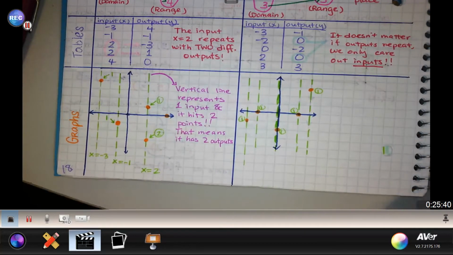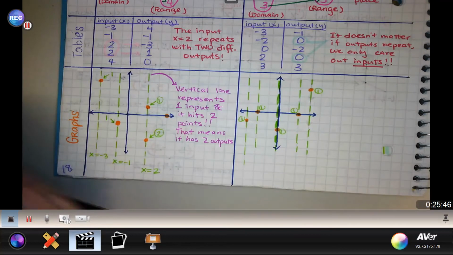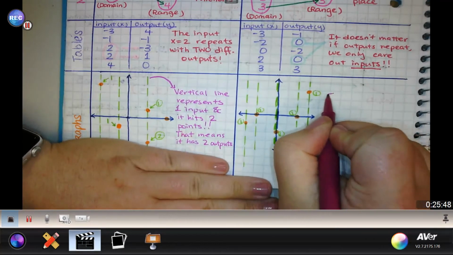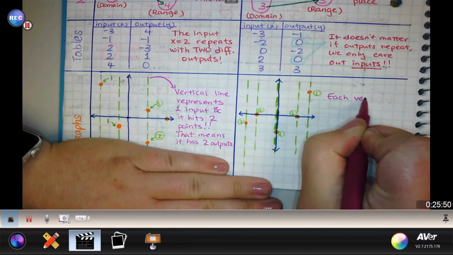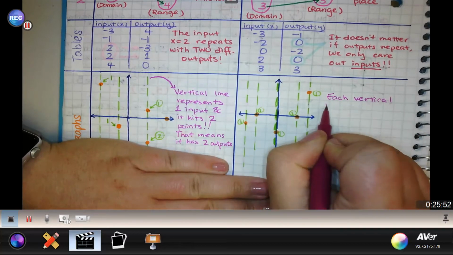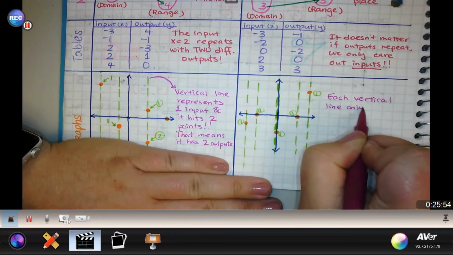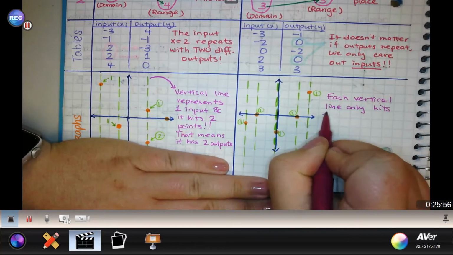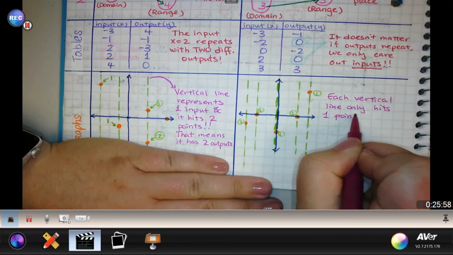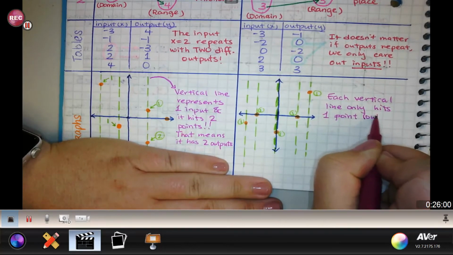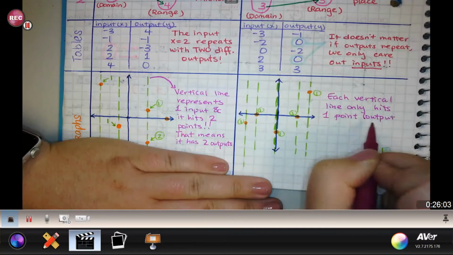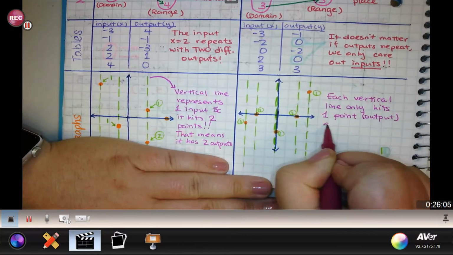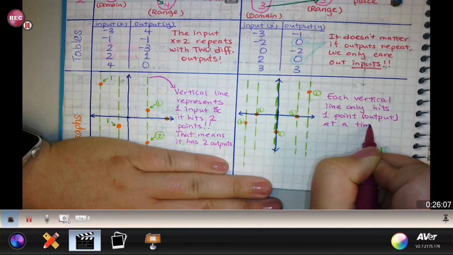Okay, so there will be a video for this in class if you need to watch it. But what this means is each vertical line only hits one point, and in parentheses I'm going to put output, because remember that those mean output, one output at a time.